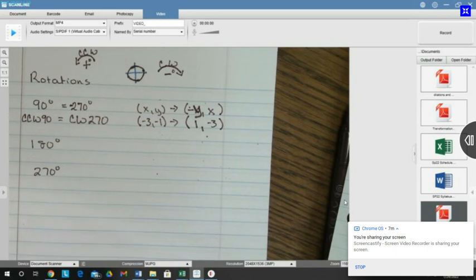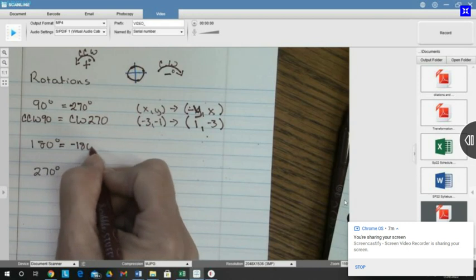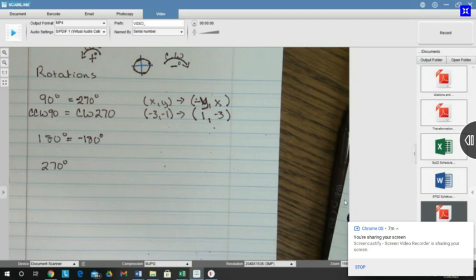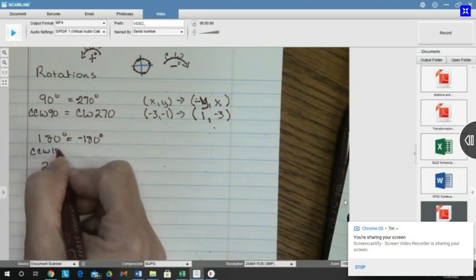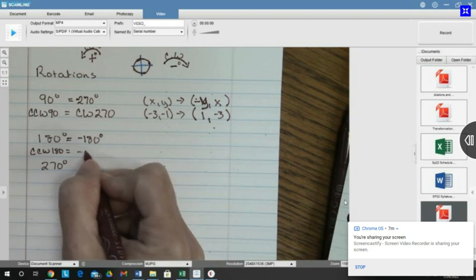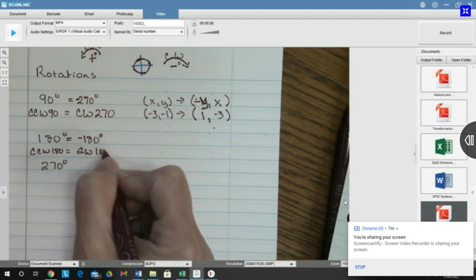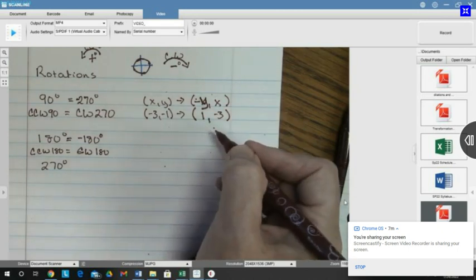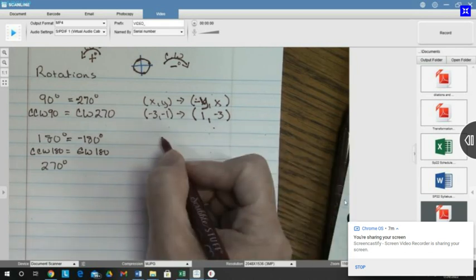All right, the cool thing about 180 is it doesn't matter if it is a positive or a negative, it's the same thing. Counterclockwise 180 is equal to a clockwise 180, same business. Now, I'm going to change everybody's sign, but I'm not going to change their position.